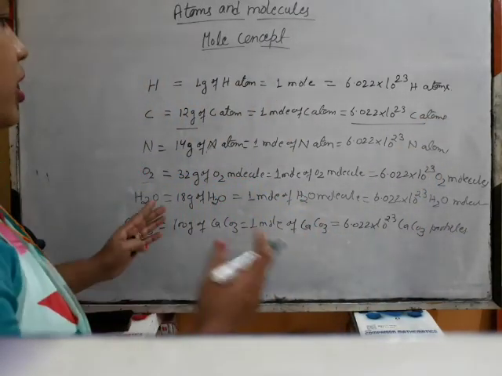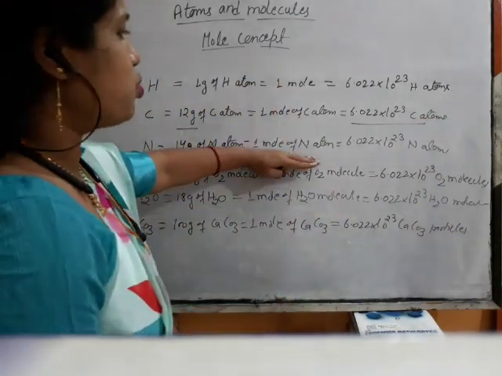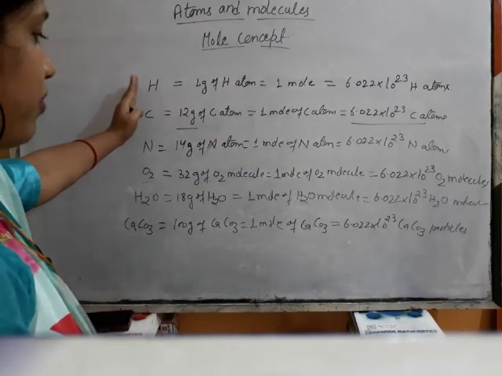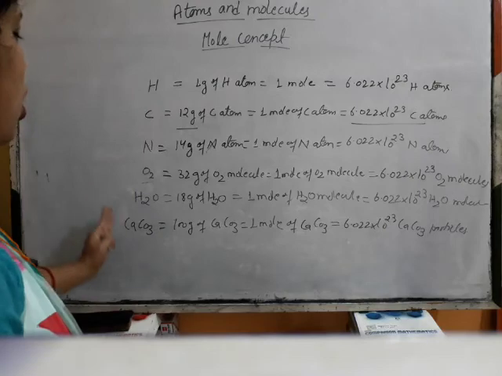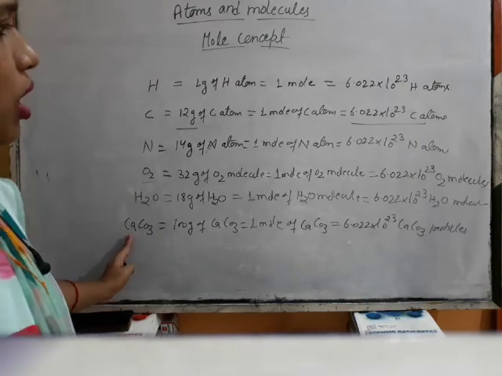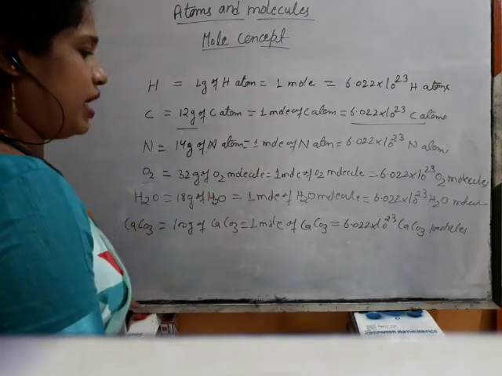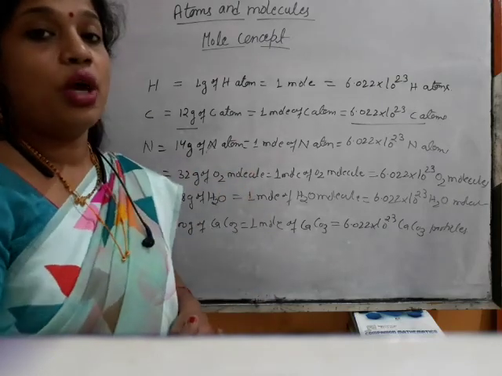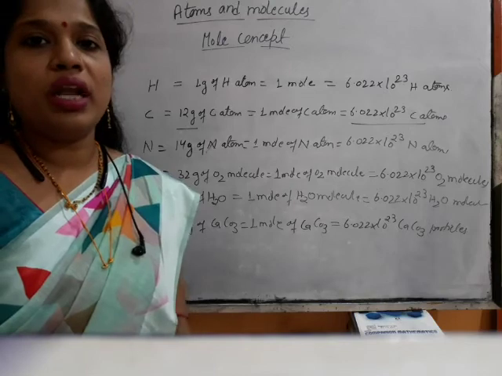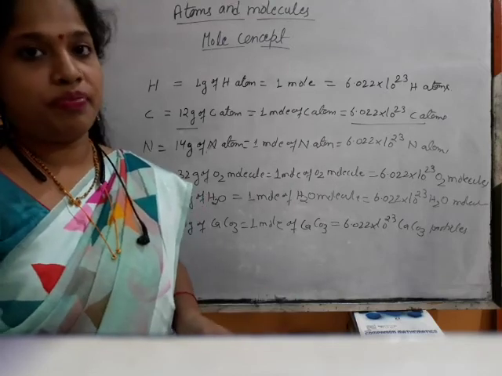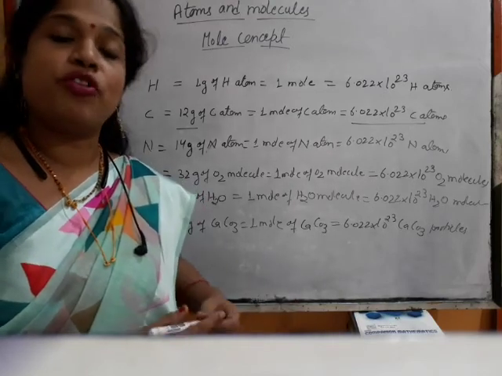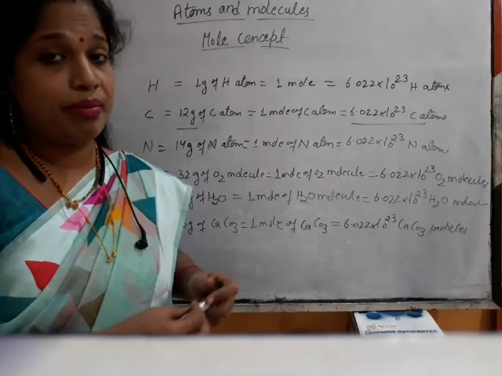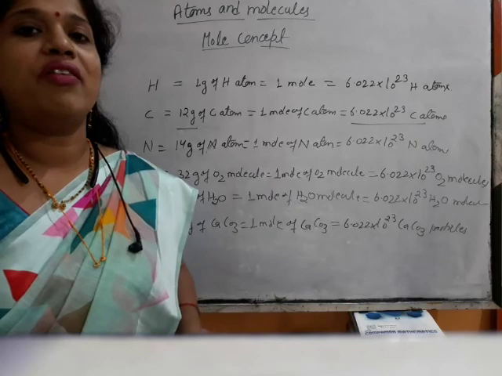So now you have understood the relation of 1 mole to the masses of an atom, of a molecule, or of a compound. These relations will be used to calculate the number of atoms, the number of moles, the number of molecules, and the masses of different atoms of the same element and different elements in our numericals.